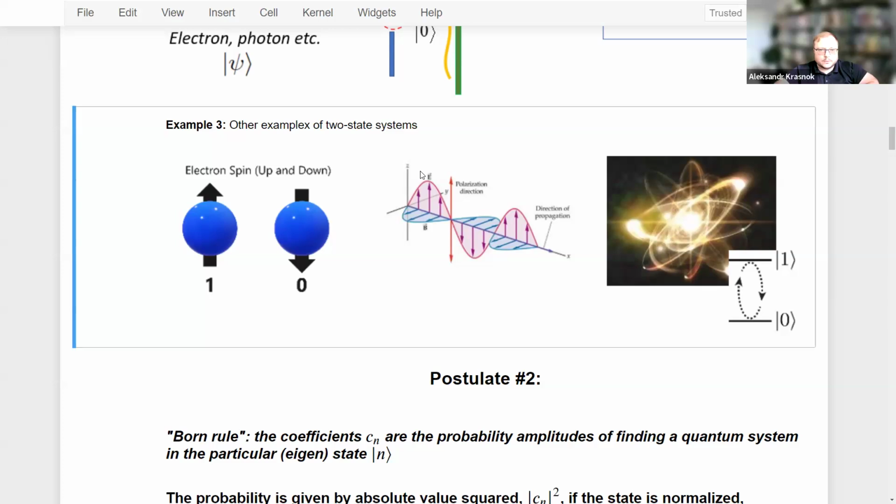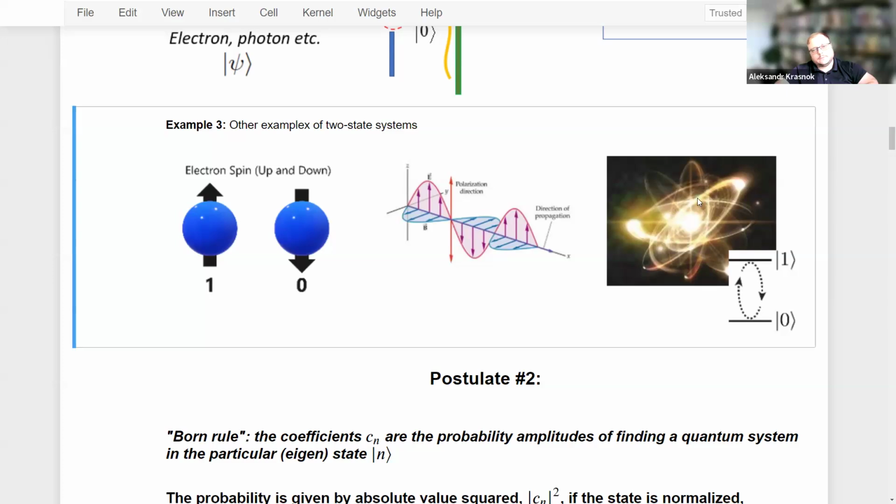Again, before doing the measurement, you have to take both of these states into account. But if you measure, you find that every single particular photon will be oriented either in the vertical or horizontal direction.